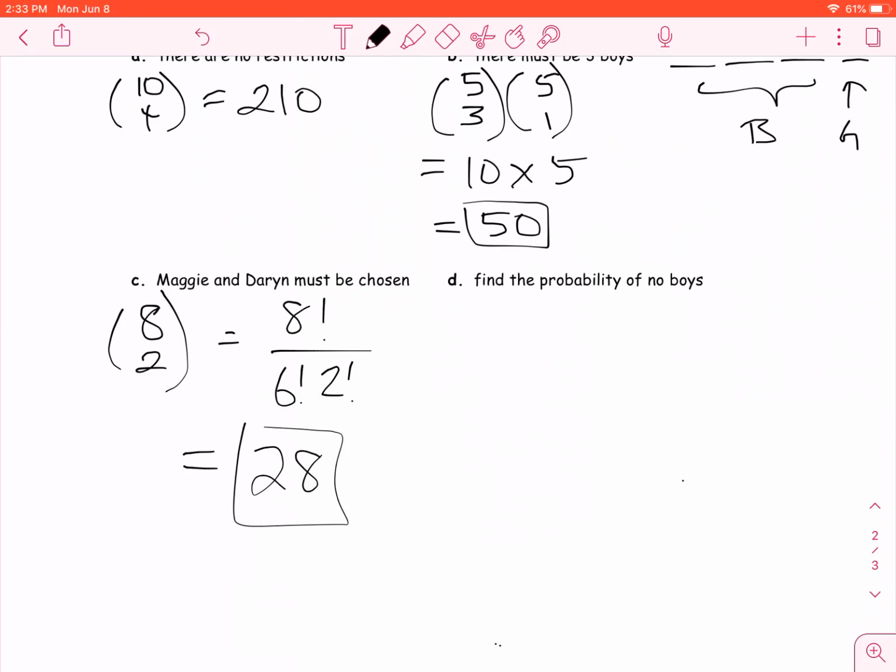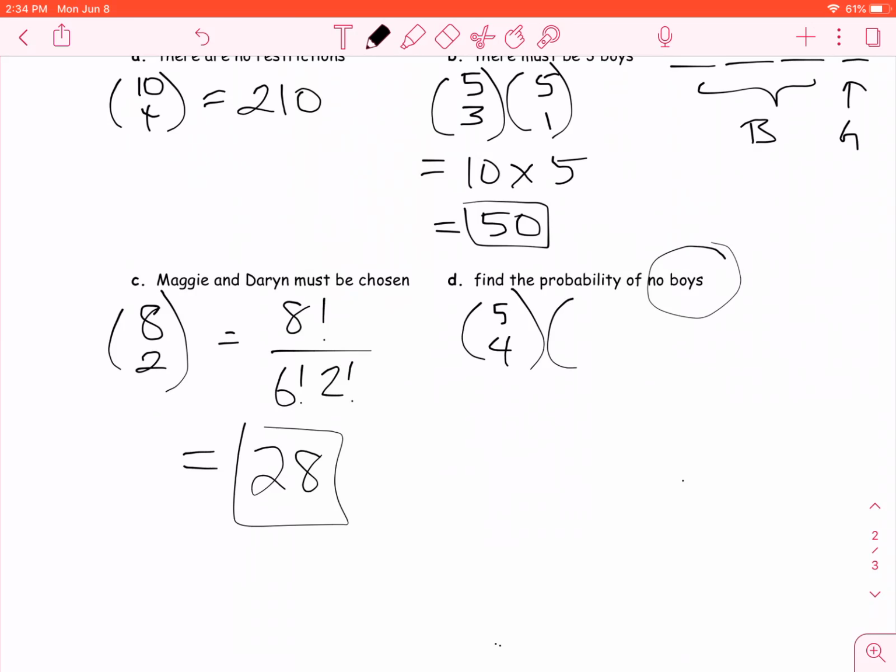Finding the probability of no boys. When given no restrictions, we know it would be 210. When we find the probability, we have to consider no boys. Out of 5 boys, we'll consider how many groups of 4 can be chosen, so it would be 5 choose 4.